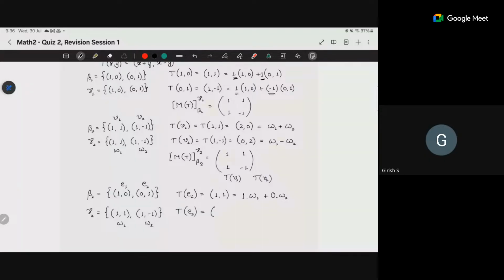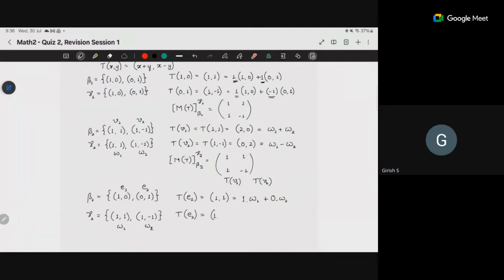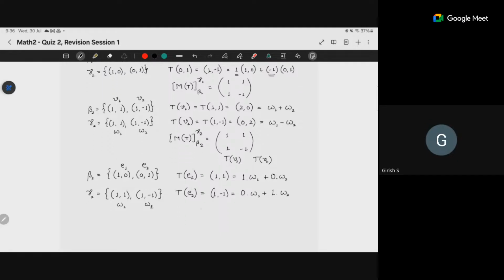And what is T of E2, which is T of (0, 1)? This is (1, minus 1), which I want to again write in terms of the chosen basis, something times W1 plus something times W2. Once again, 0 and 1. So this is 0 and this is 1. So the matrix, sorry, this has to be beta 3 and gamma 3.